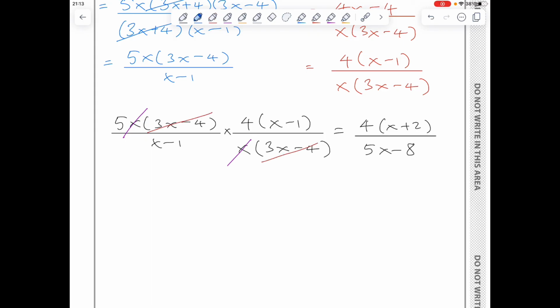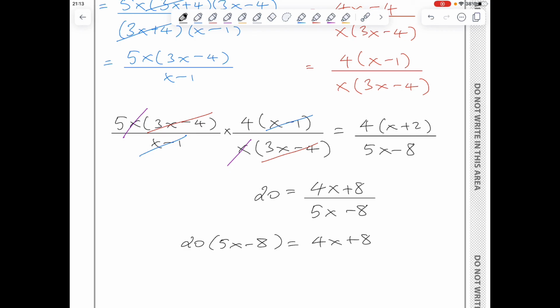And I can simplify the x minus 1 with the x minus 1. So the left-hand side simplifies to 20. And then I'll expand the numerator of the right-hand side. So 4x plus 8 over 5x minus 8. Now I'll cross multiply. 20 times 5x minus 8 is equal to 4x plus 8.